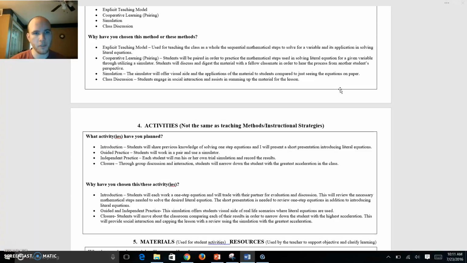In cooperative learning or pairing, students will be paired in order to practice the mathematical steps used in solving literal equations for a given variable through utilizing a simulator. Students will discuss and digest the material with a fellow classmate in order to hear the process from another student's perspective. The simulator will offer visual aid in the applications of the material to students compared to just seeing the equations on paper. In class discussion, students engage in social interaction and assist in summing up the material for the lesson.